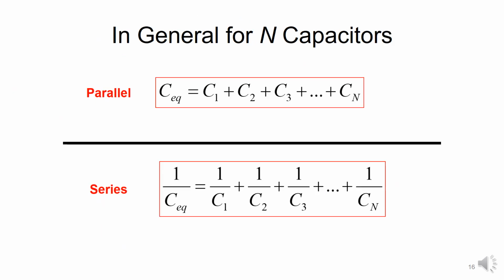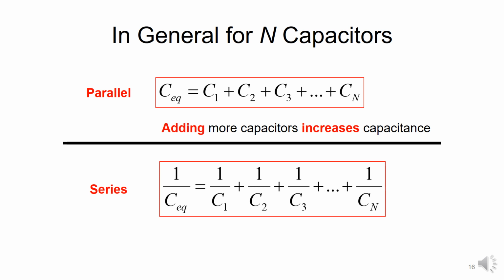Okay, so in general, this is what we have. In parallel, you add up all the individual capacitors to get the equivalent, which means that the more capacitors you have, the bigger the equivalent capacitance you end up with. And in series, it's the opposite.